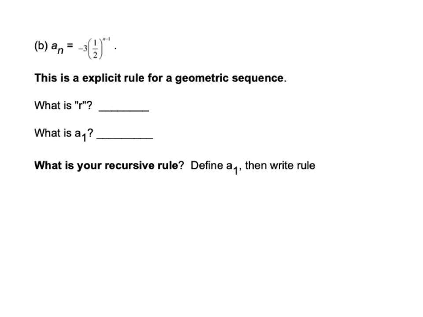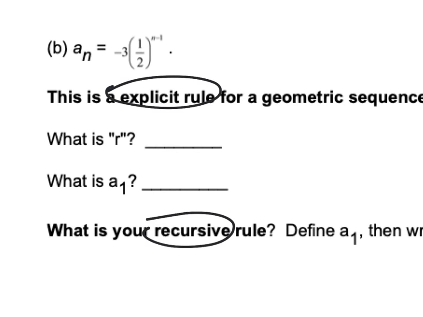Okay, this one is an explicit rule for a geometric sequence. So we're starting in explicit, and we are going to recursive. So the first thing we need to remember is if we have an explicit rule, -3 is our a sub 1. The coefficient is always our first term, and what's being raised to the power of the base is our r value.